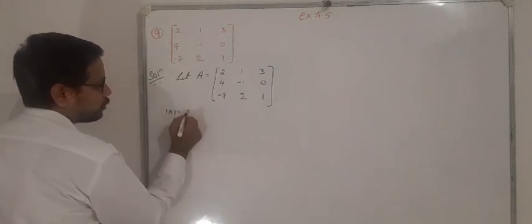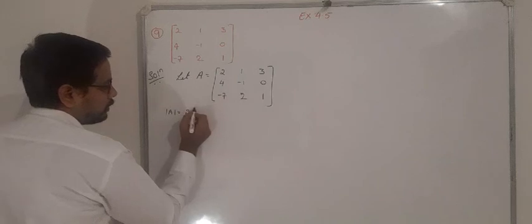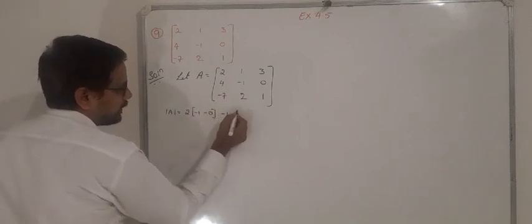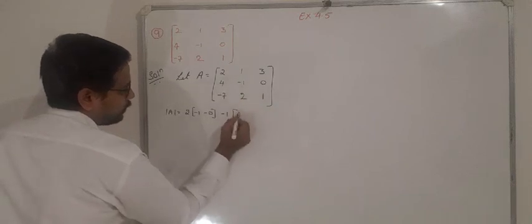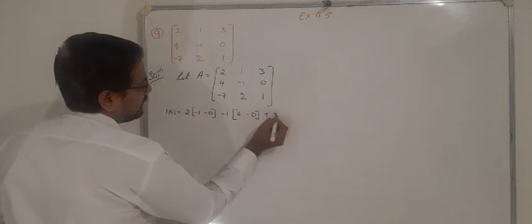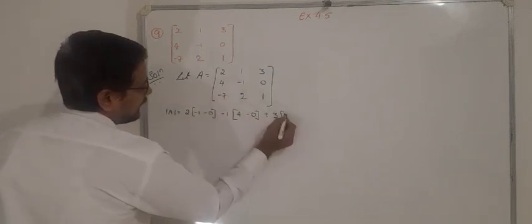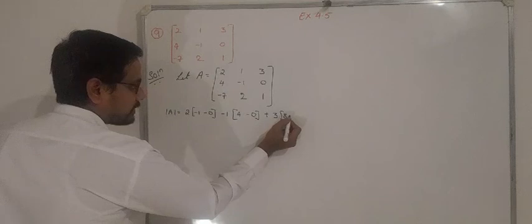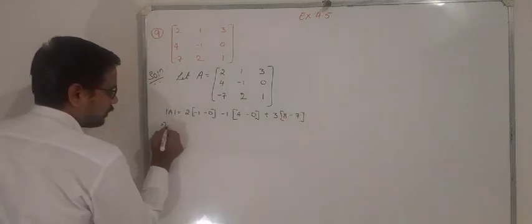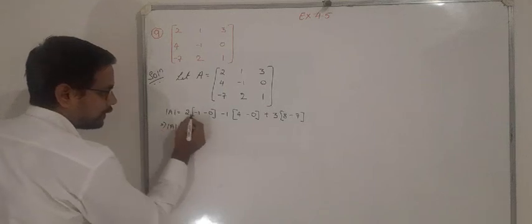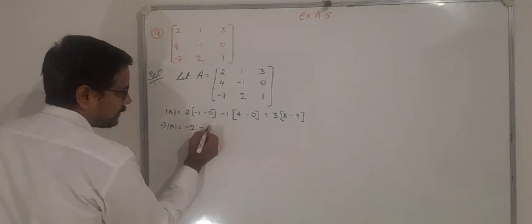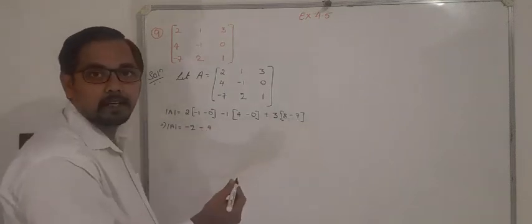Determinant of A is 2 into minus 1 minus 0, minus 1 into 4 into 1 is 4 minus 0, plus 3 into 4 into 2 is 8 minus 7.